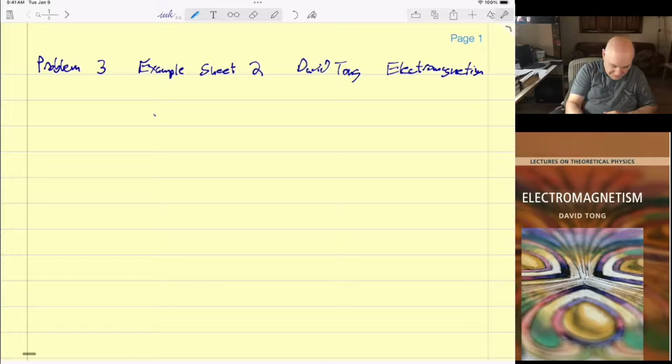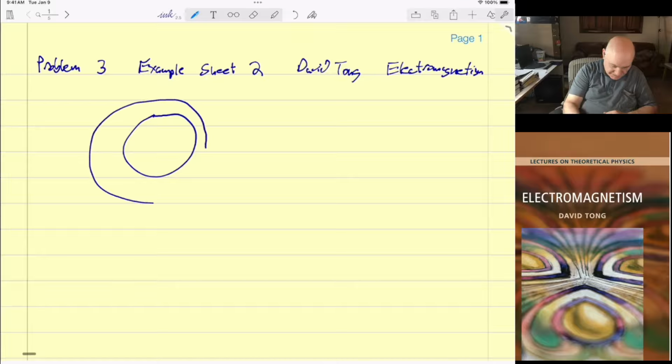What we have is a cylinder, an inside cylinder. And then we have another cylinder which is offset from it, but not symmetrically.